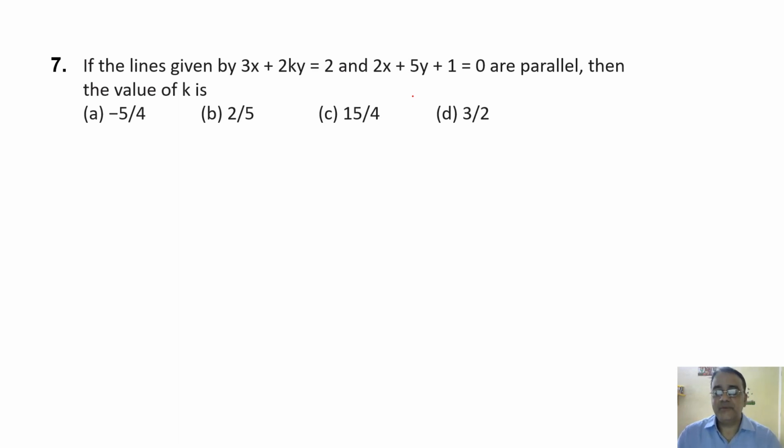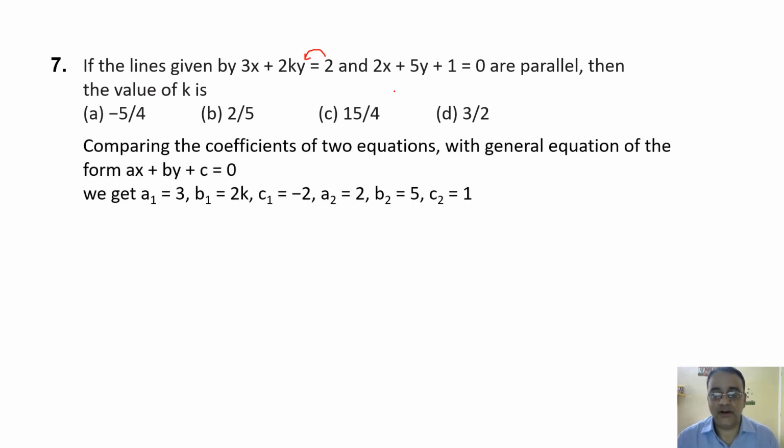Again we compare with the general equation to find a1, b1, c1 and a2, b2, c2. a1 is plus 3, b1 is plus 2k, c1 is minus 2, because we have to shift 2 to this side, a2 is plus 2, b2 is plus 5, c2 is plus 1. Very good.